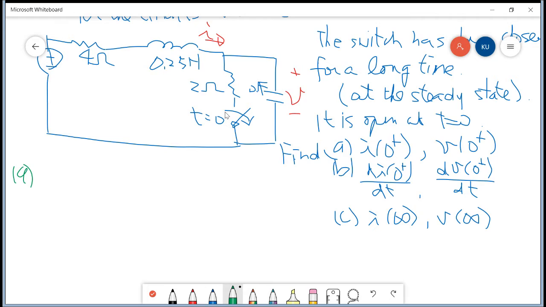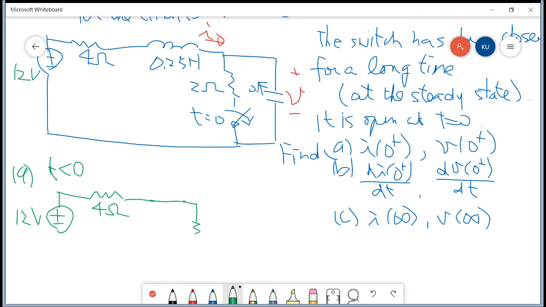For t smaller than 0, the circuit has 12 volt, this is 4 ohm, and it is at the steady state, which means that the inductor is a short circuit, and this is 2 ohm, and the circuit is closed, and the capacitor is open.